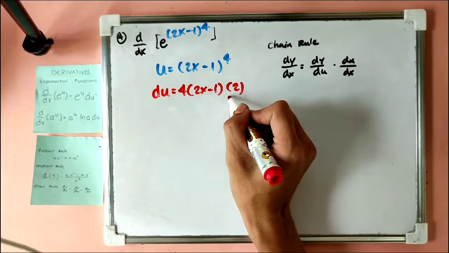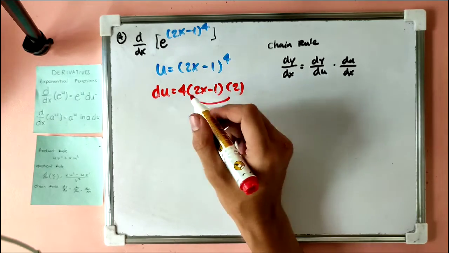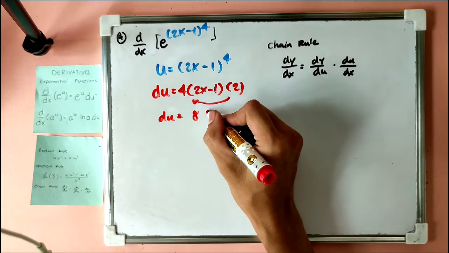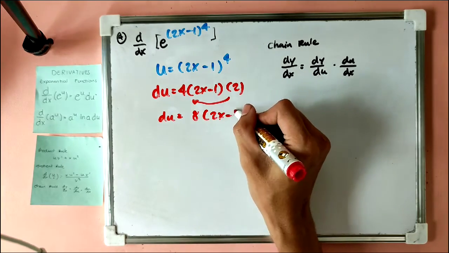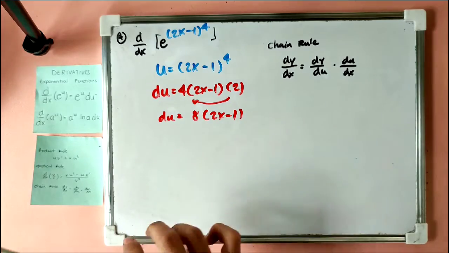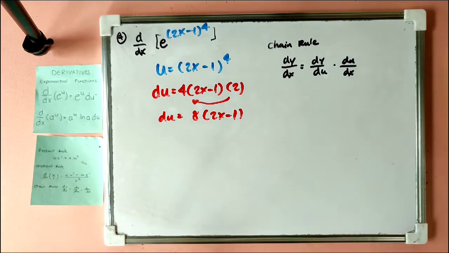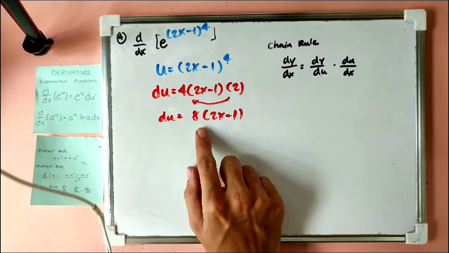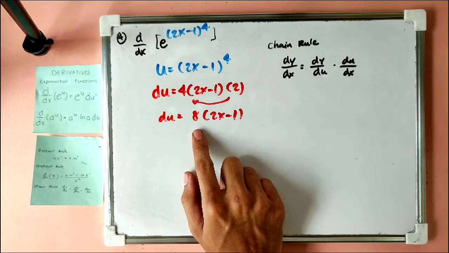So, i-simplify lang natin, i-times natin yung 4 sa 2 is equal to 8 times 2x minus 1. So, that is the derivative of our u using the short method of chain rule.